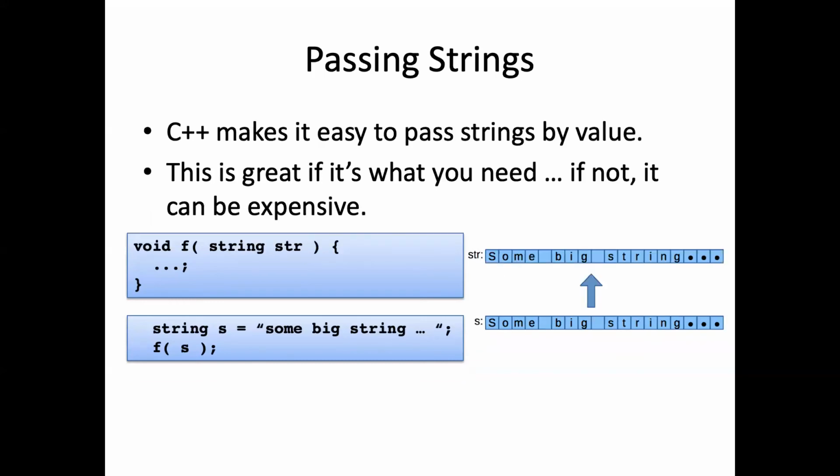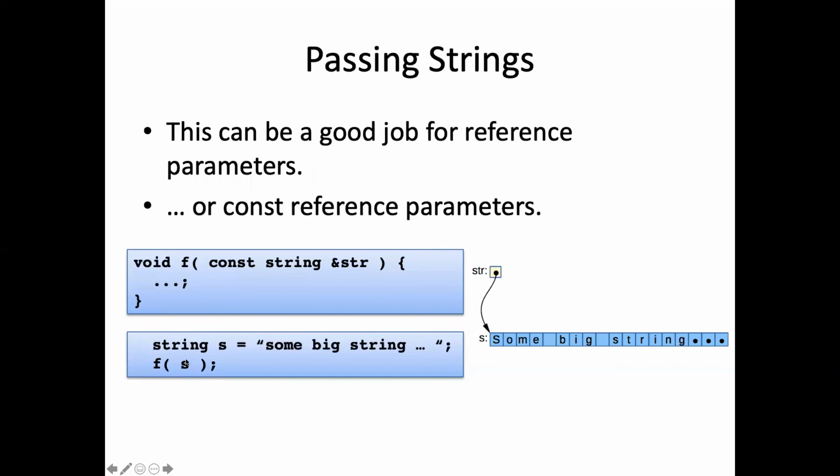Backing up here, when I took a copy of that string, when I passed the string by value, I just passed s to the function. Here, even though I changed the function so it takes the string by reference, the client code doesn't have to change. This is a point I tried to make earlier. When you're defining a function, you pick the semantics you want for parameters. You can either pass by reference or pass by value or pass by pointer if you want.